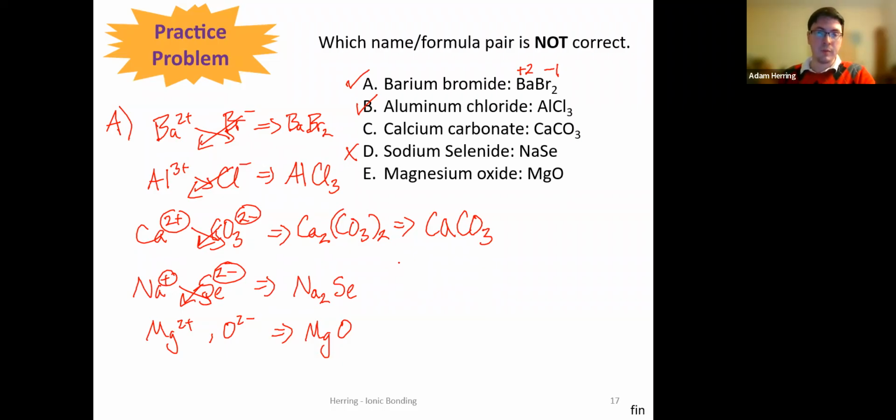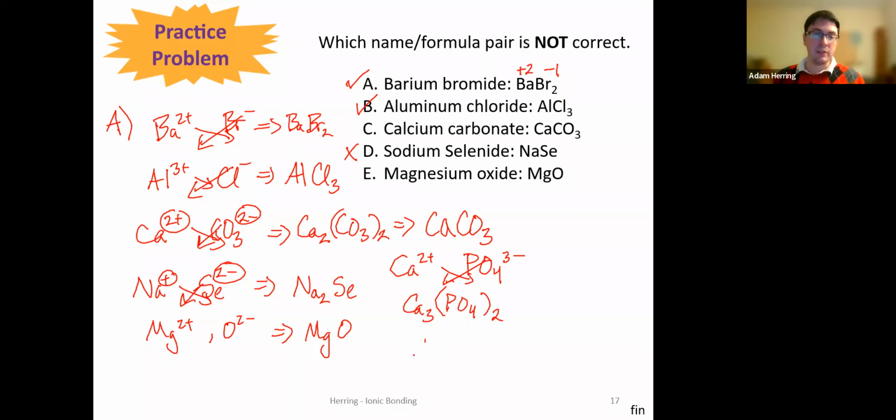For example, let's say that we had a combination of calcium and phosphate. Calcium is a positive 2 charge. Phosphate is a -3 charge. So when we cross them, we end up with 3 calcium and 2 phosphates. It must be written like this. That indicates that we have 2 phosphate groups.